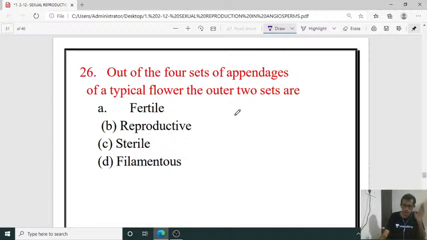The outer 2 sets are considered sterile and non-essential, whereas the inner 2, androecium and gynoecium, are the essential parts of the flower. Corolla has different shapes and colors to attract insects, but it is sterile. So the right answer is C for 26.